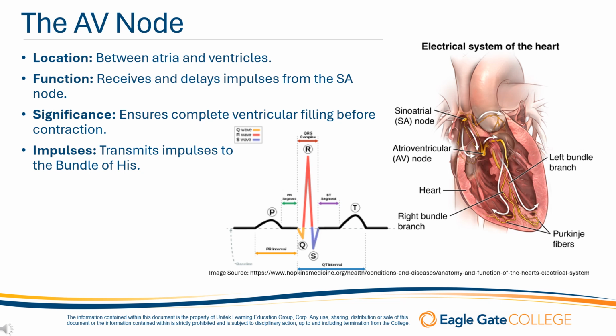The AV node can also take over as a pacemaker if the SA node fails, although it beats at a slower rate of 40 to 60 beats per minute when it acts as a pacemaker. This backup capability is vital for maintaining heart rhythm and function, even if the primary pacemaker fails.